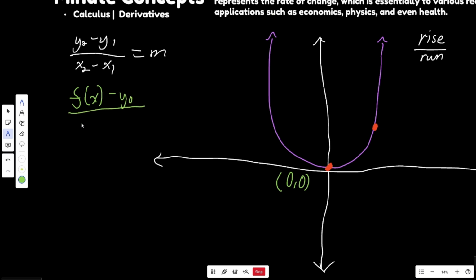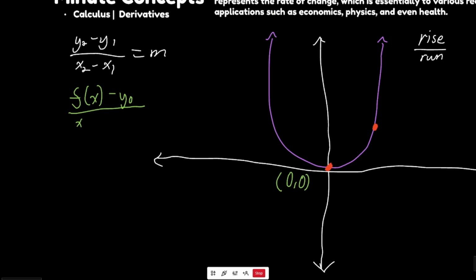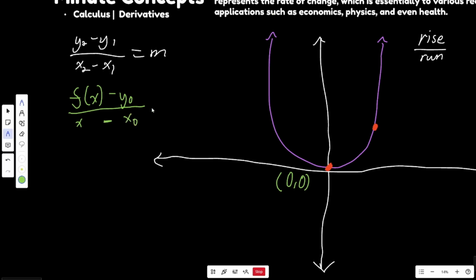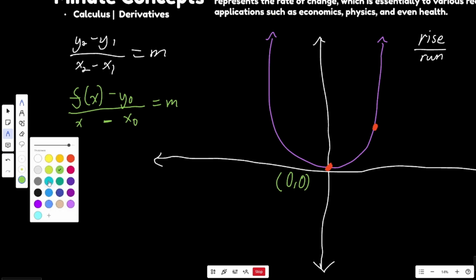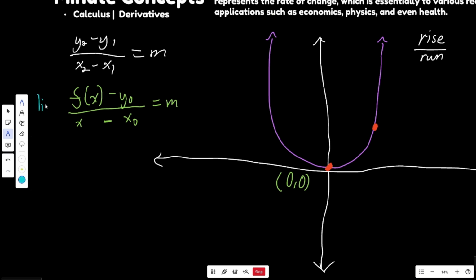Same with x sub 2. X sub 2 will become, let's just call it x sub 1, or just simply x minus x sub 0. And this is our m. And our limit statement here, because we're approaching 0, we're going to say that our limit is approaching 0. And that is our slope.